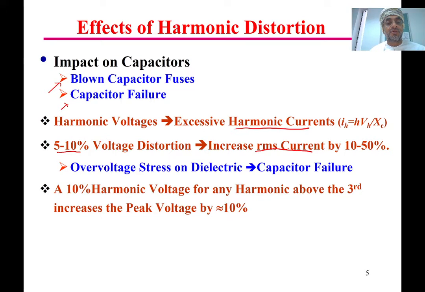Also, those harmonics can cause overvoltage stress on the dielectric material in the capacitor bank. As a result, the capacitor will fail. A 10% harmonic voltage for any harmonic above the third will increase the peak voltage by 10%.